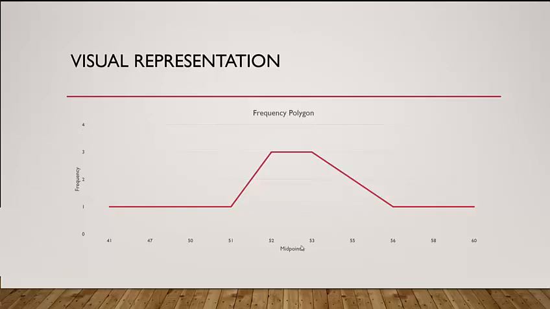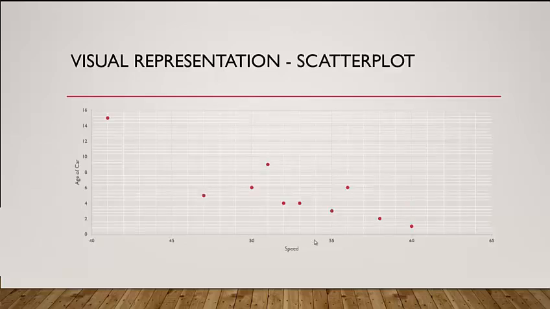And these are all of our midpoints or actual speeds recorded. We had 1 at 41, 1 at 47, 1 at 50, 1 at 51. Then we jumped up to 3 at 52, 3 at 53, 2 at 55, and then 1 at 56. Again, it's a visual representation of our data.